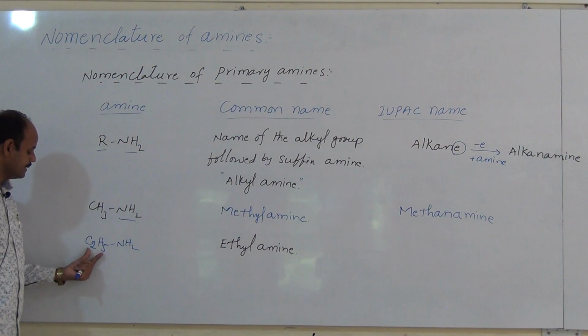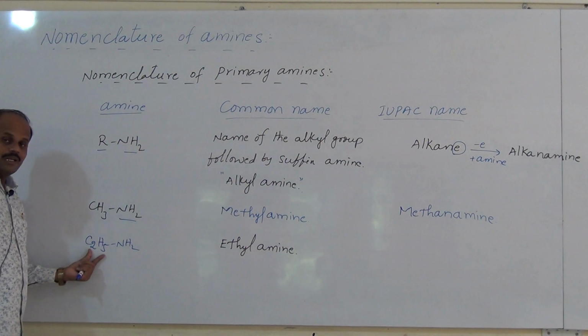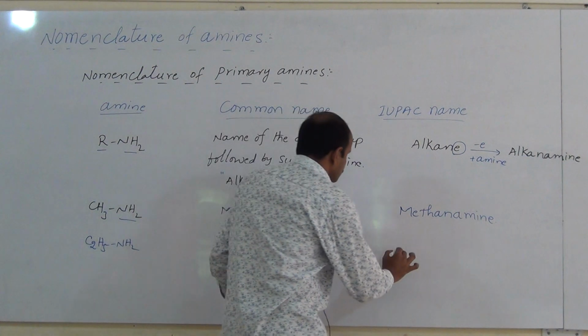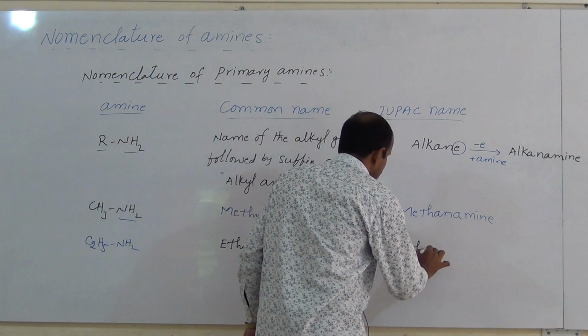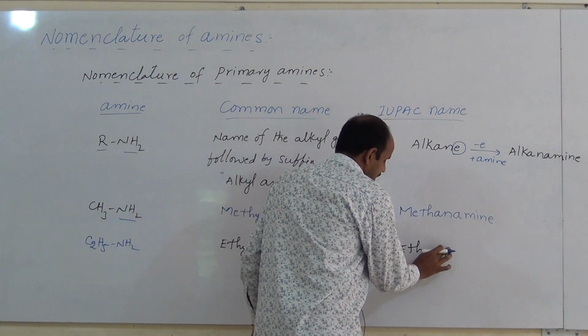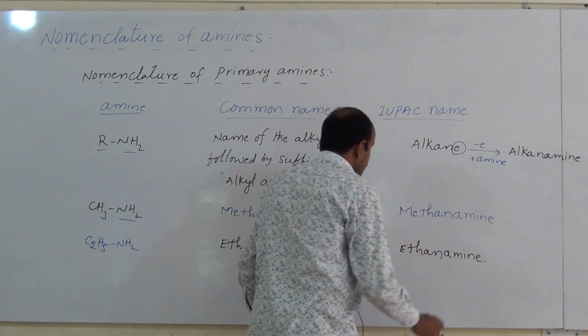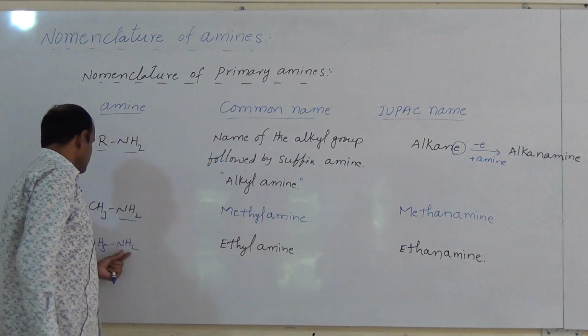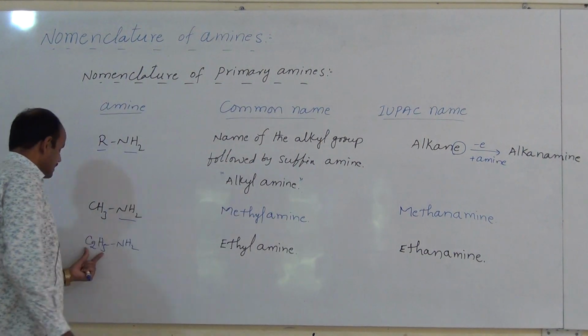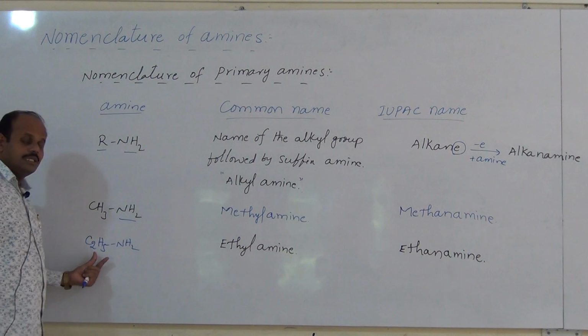And for the IUPAC name, two carbon alkane is ethane. Don't write E, add amine. Thus C2H5NH2 has the common name ethylamine and the IUPAC name ethanamine.